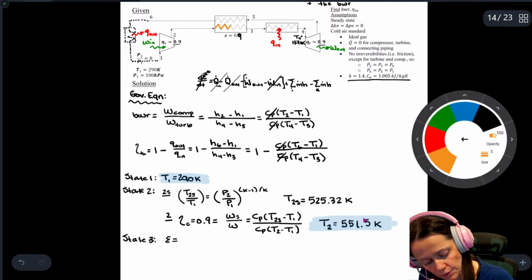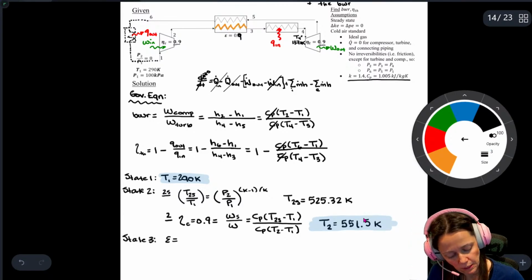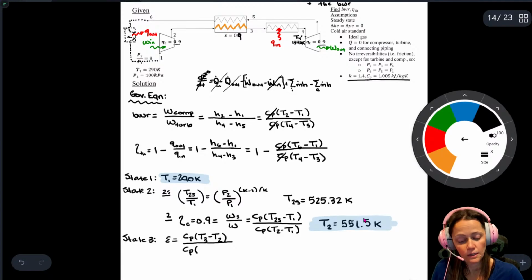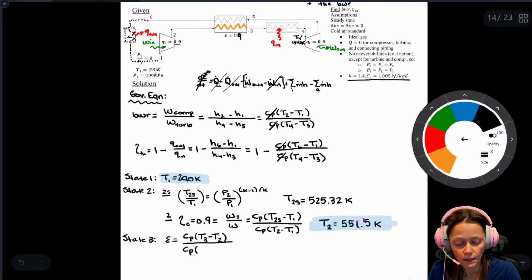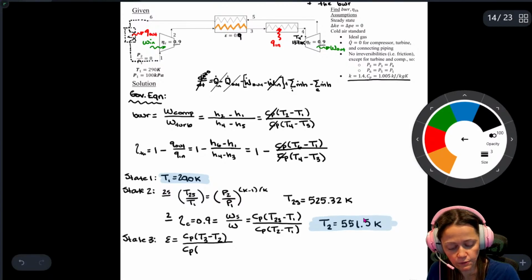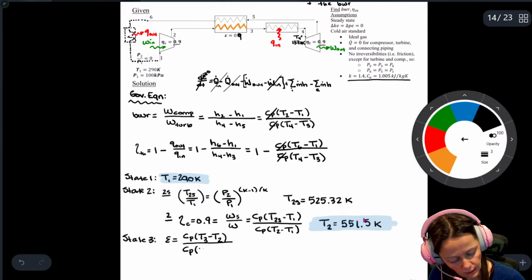If I define my regenerator effectiveness along that line, in terms of CP delta T, this will be CP (T3 minus T2) over CP, the temperature that it would be if by the time your working fluid got from 2 to 3, it had heated up to the same state as 5.